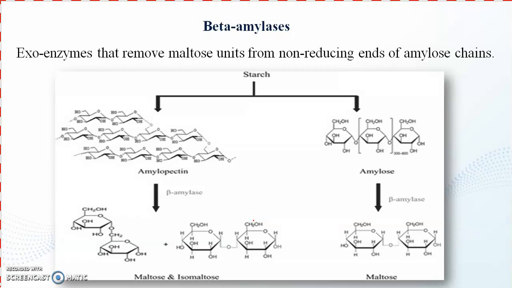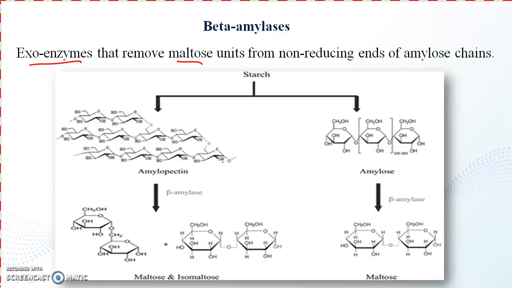Let us discuss beta amylase. This enzyme is an exoenzyme, and it also produces maltose units just like alpha amylase. But here one thing is different: it is not capable of attacking at any point of the chain.